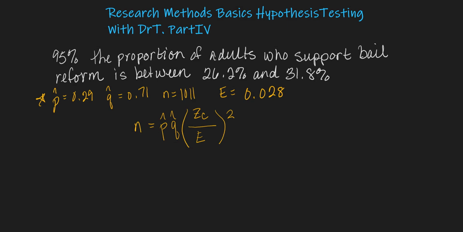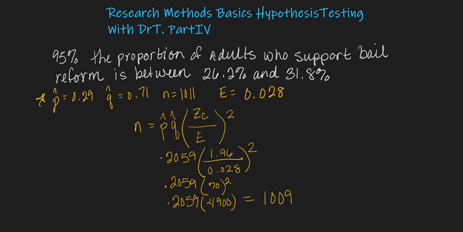Go ahead and do that math. Once we've done the math, we can see that the minimum sample size we could have had was 1,009. So we meet the cutoff in that example.